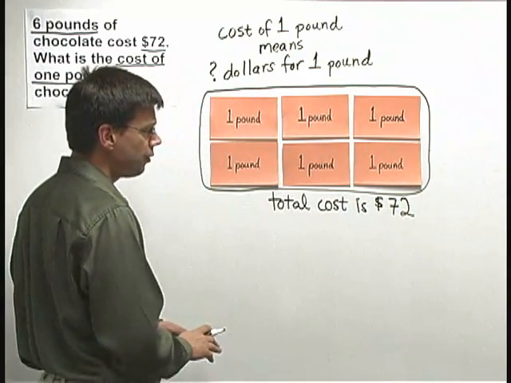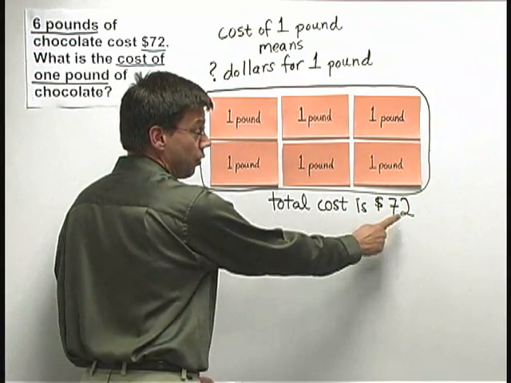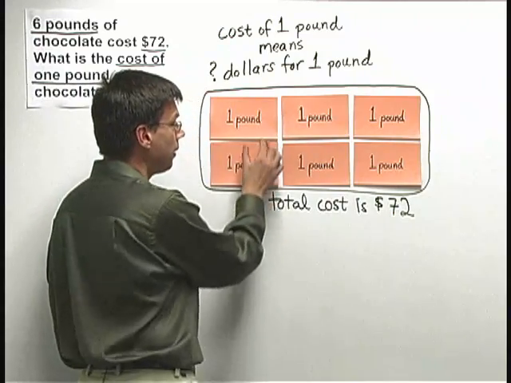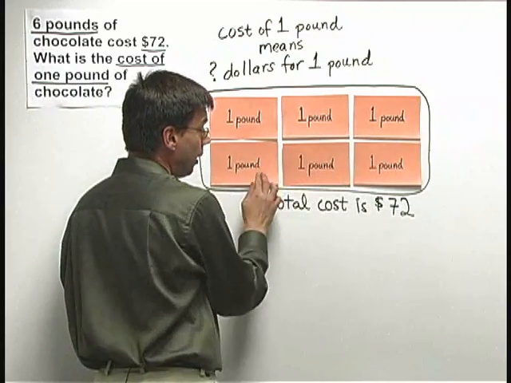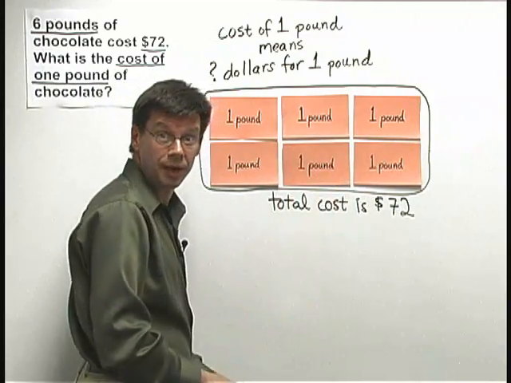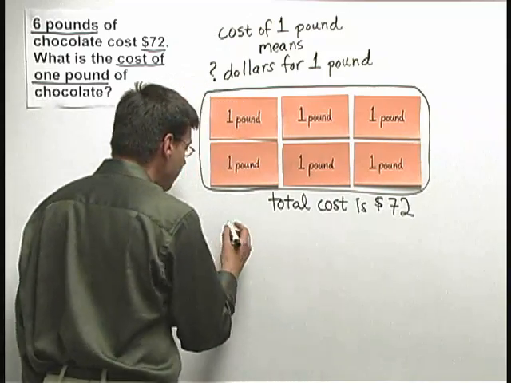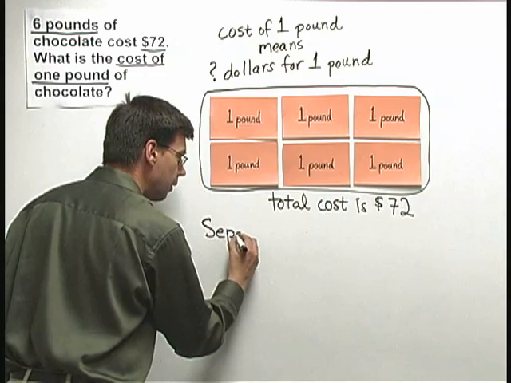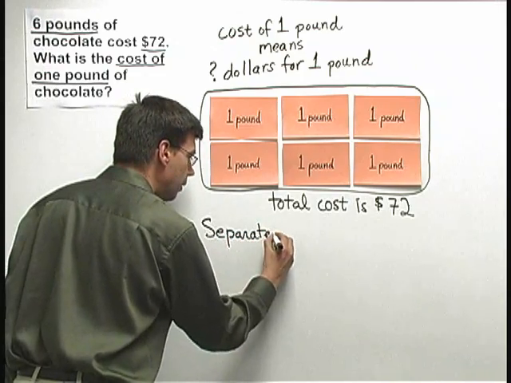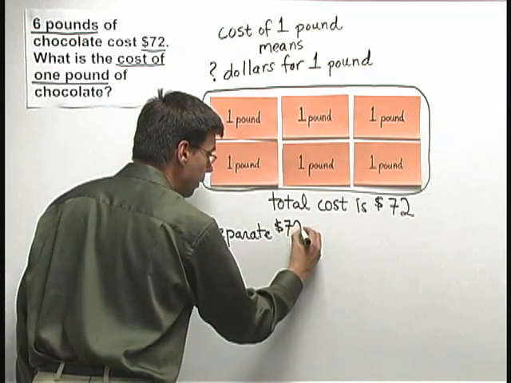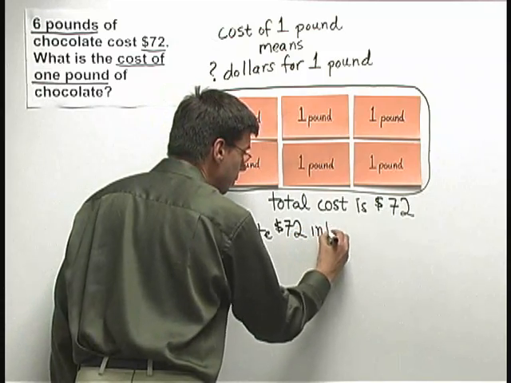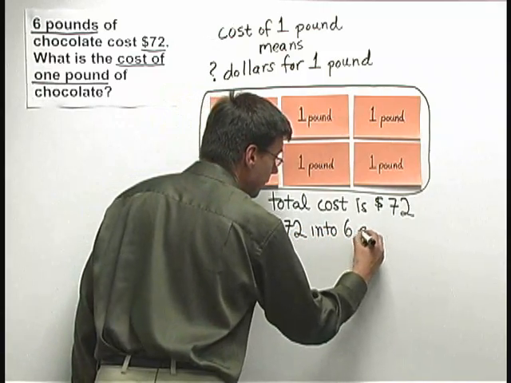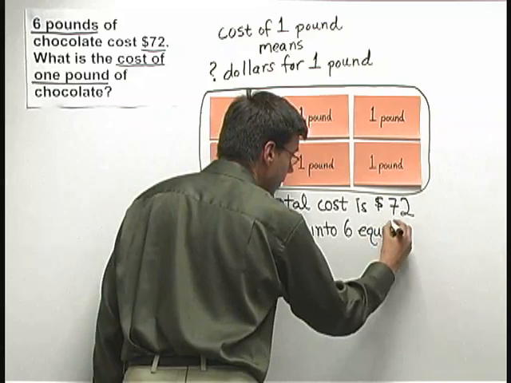What we want to do is separate this total cost of $72 into 6 equal-sized parts. We want to separate $72 into 6 equal parts.